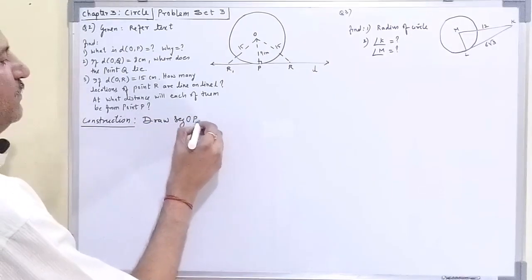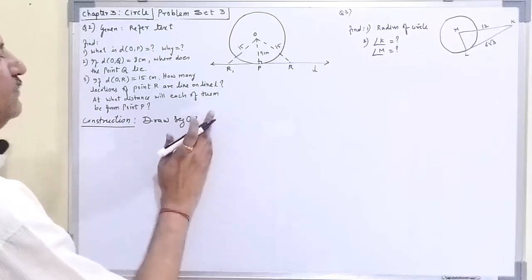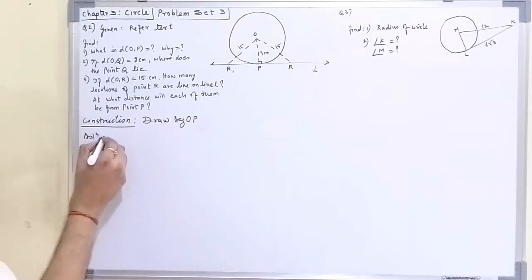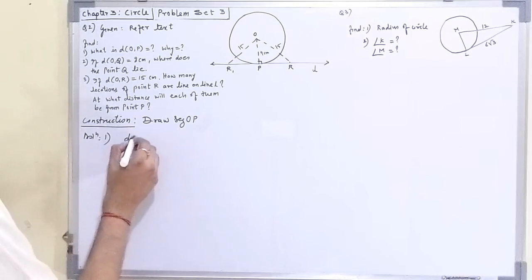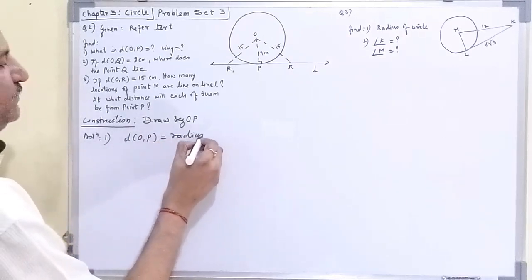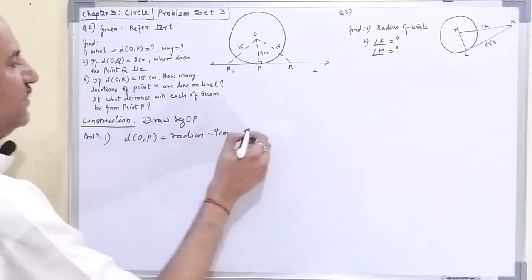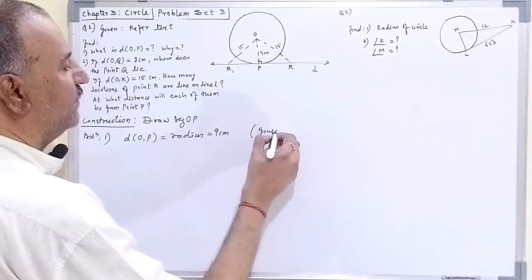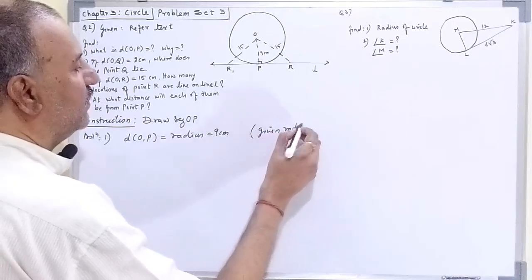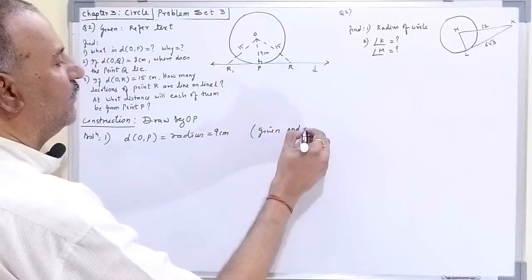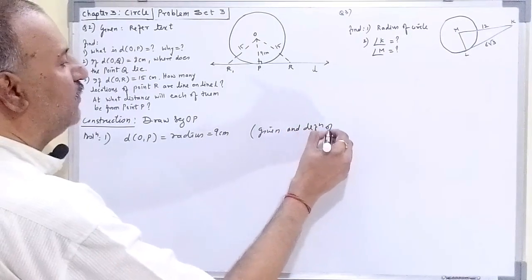Draw segment OP. Let's start now. Solution. Step 1: Distance OP equal to radius equal to 9 centimeter. This is given and definition of radius.